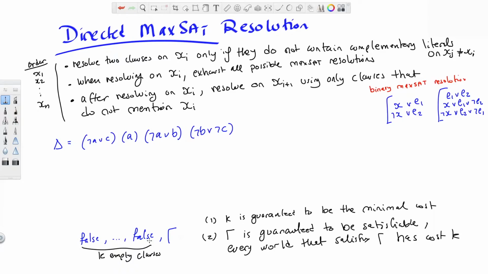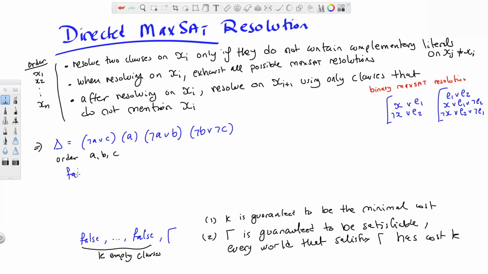So let's take an example of that, and apply it to this guy, which is here. If you take that under the variable ordering A, B, C, and apply directed MAXSAT resolution, what's going to happen is that you're going to end up with the following.